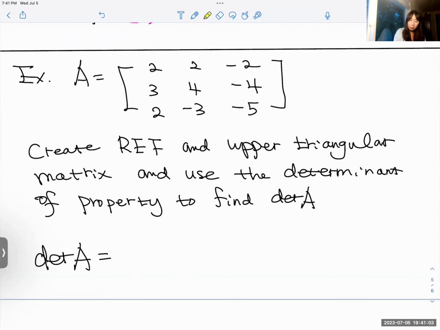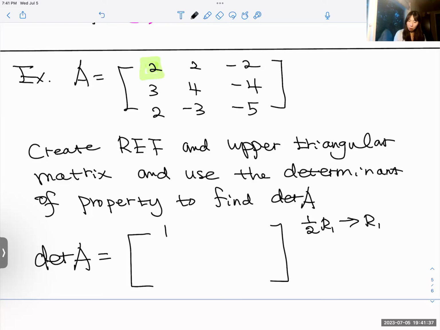We want to make a 1, so multiply by 1/2 to get 1/2.